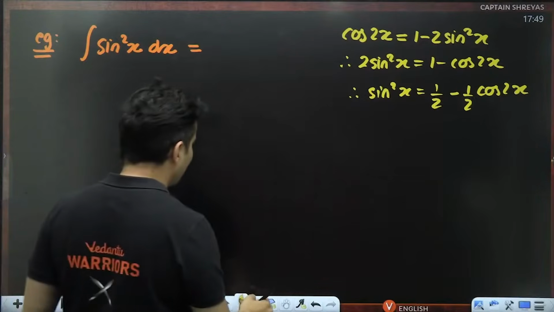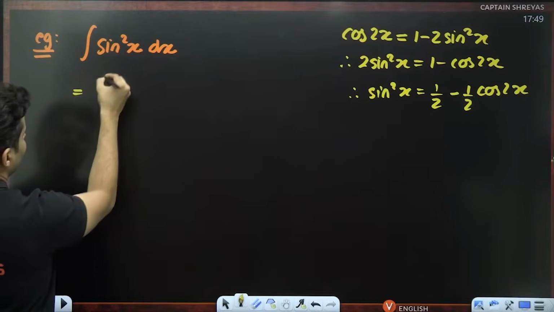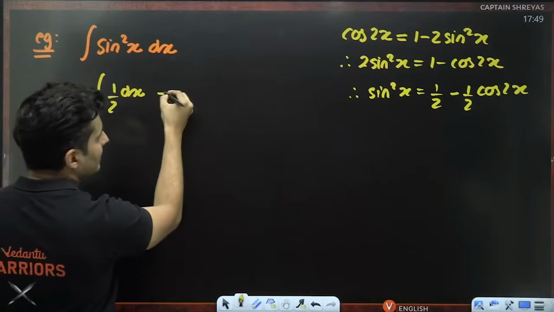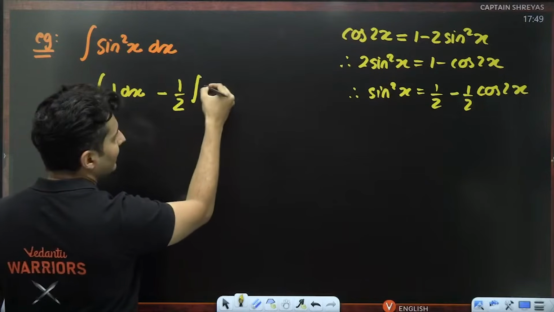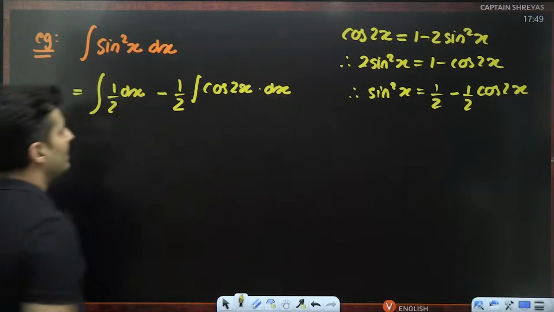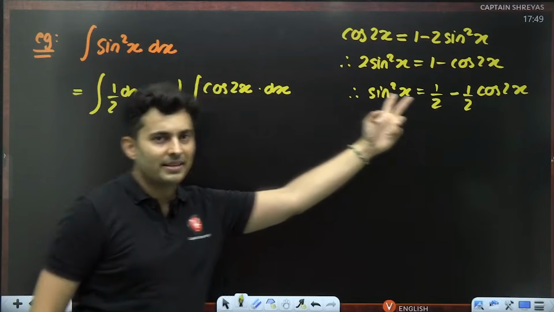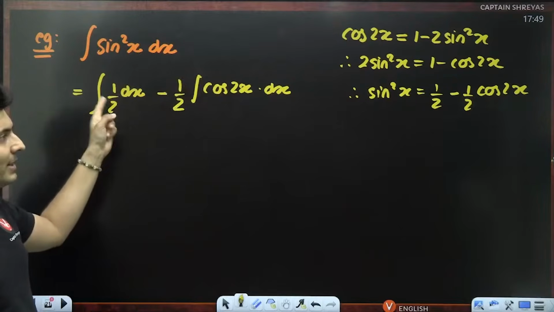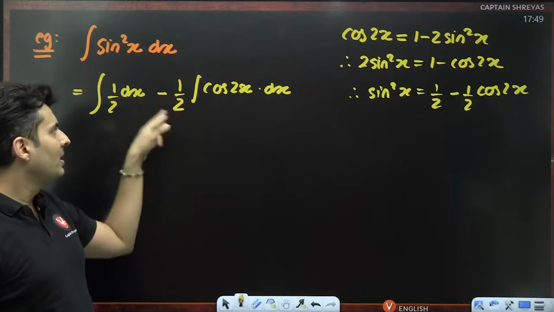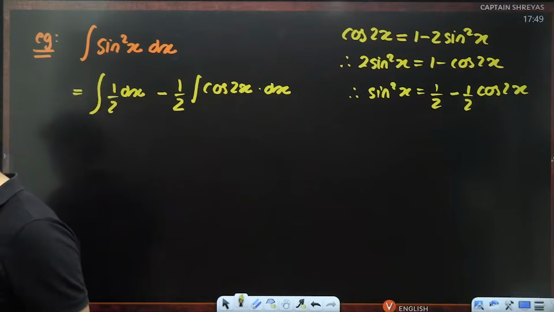The first term is half, so it will be integral of half dx minus half, which is going to come outside, and then we'll have cos 2x dx. Half is the first term, half cos 2x is the second term, but that half is a number, so I have just brought it outside the integration using the constant rule.